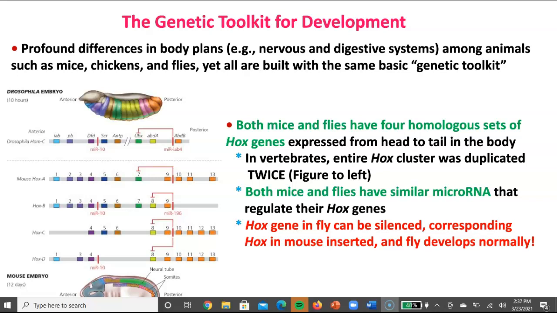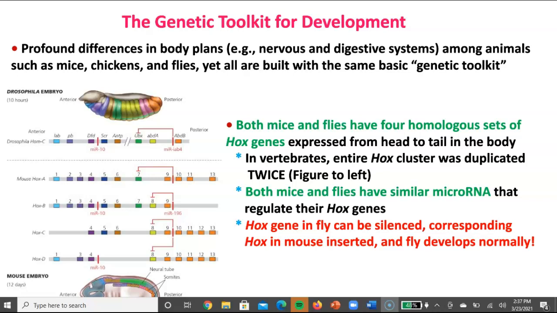So for example, that's a statement that's being said on the slide. Let's work through an example of how, while we have very profound differences in body plans, we're building these different body plans with the same basic genetic toolkits.